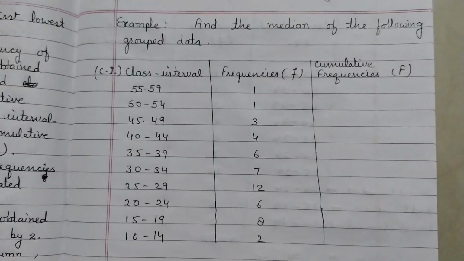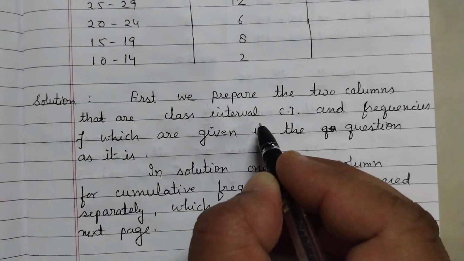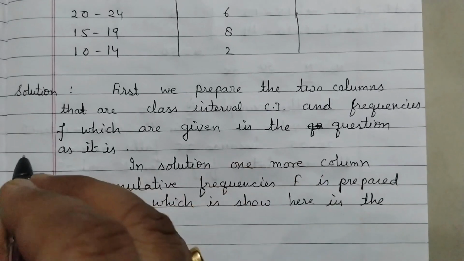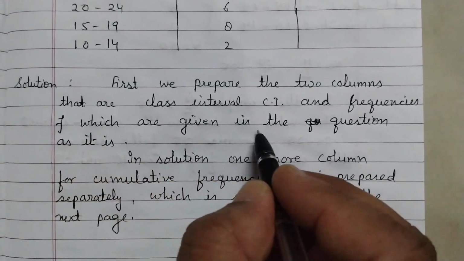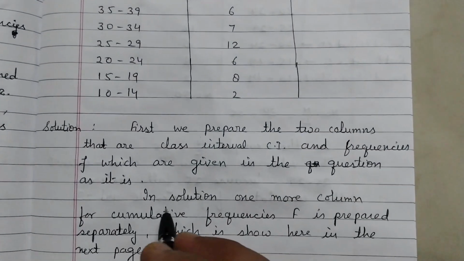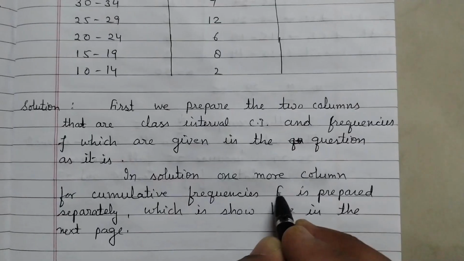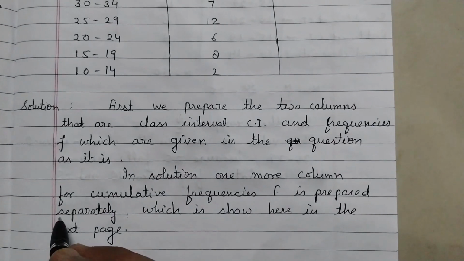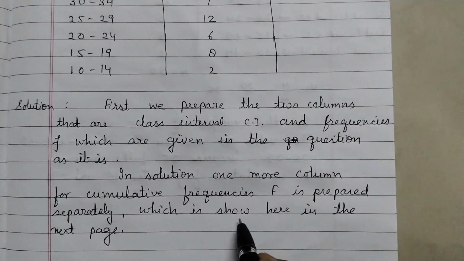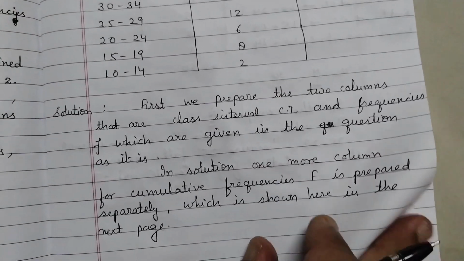Solution. First we prepare the two columns, class interval Ci and frequencies f, which are given in the question as they are. I will copy these two columns. In the solution, one more column for cumulative frequency, capital F, is prepared separately, which is shown here on the next page.